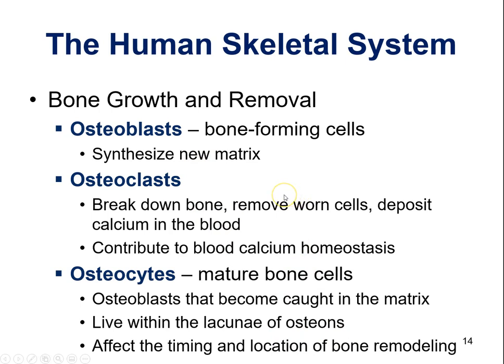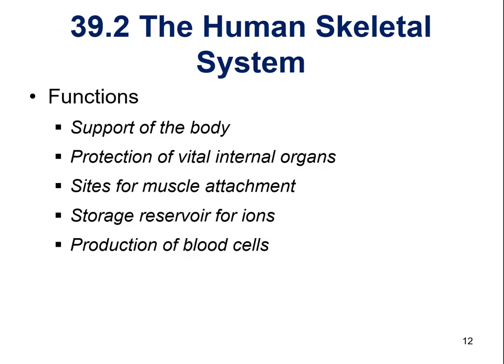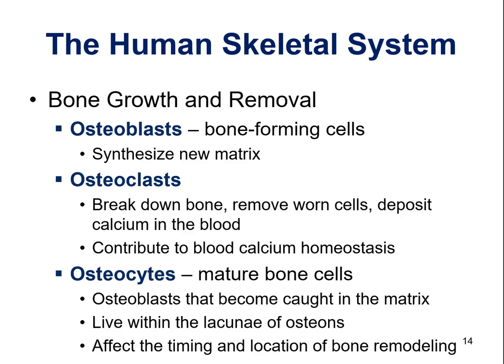So remember, when I listed those functions of the skeletal system, one of them was a storage reservoir for ions, and I said like calcium, okay? And so when your blood calcium levels decrease, there's a particular hormone that would stimulate these cells to break down bone so that calcium could be released into the blood.